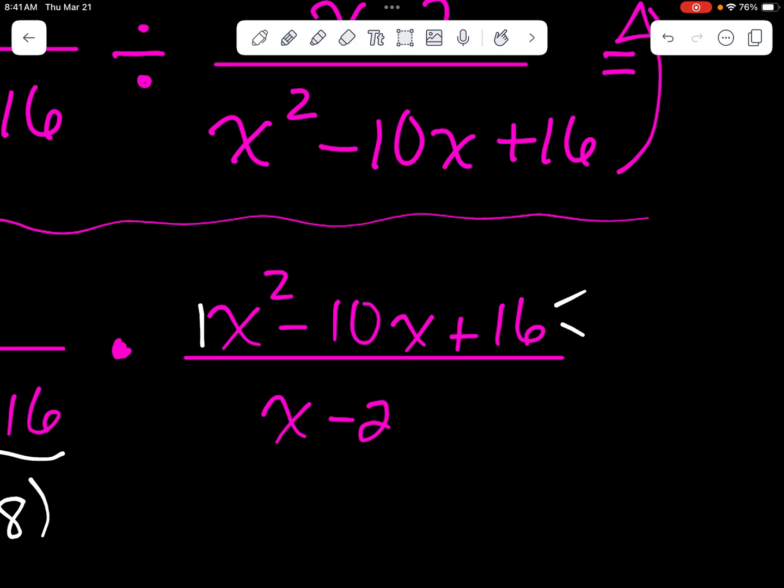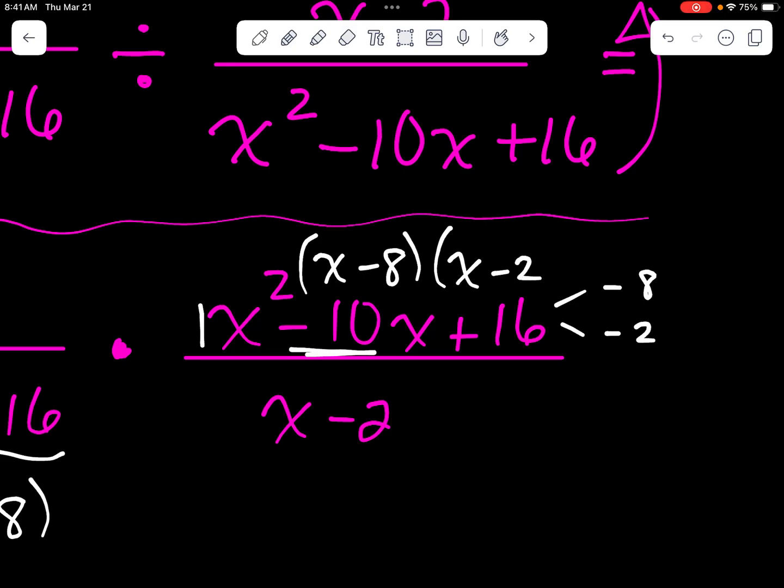What two numbers multiply to give us 16, but when you put them together, give us negative 10? That would be negative 8 and negative 2. Because negative 8 times negative 2 is positive 16, and negative 8 minus 2 is negative 10. So the factors would look like this: x minus 8, x minus 2. Doesn't matter who goes first.